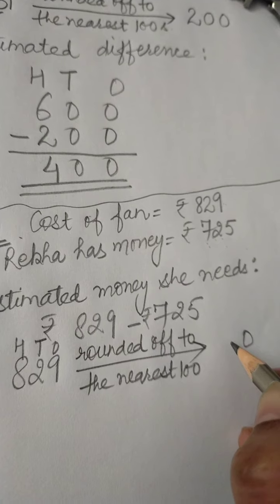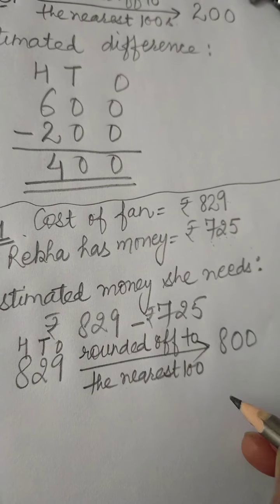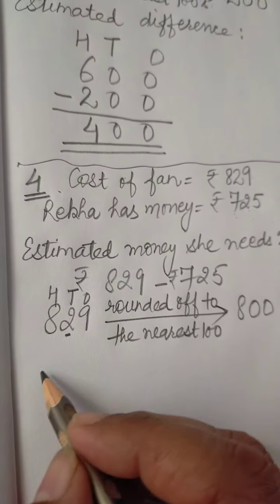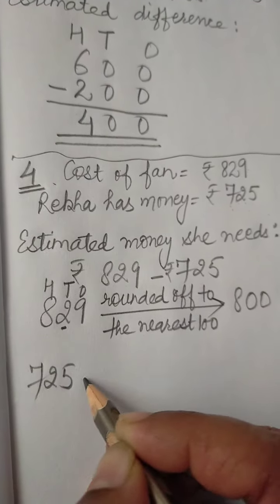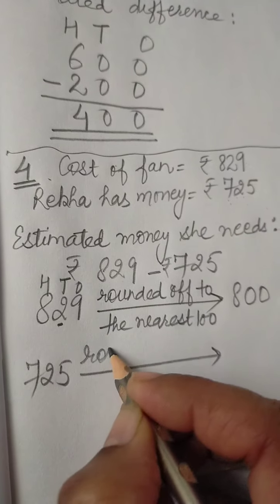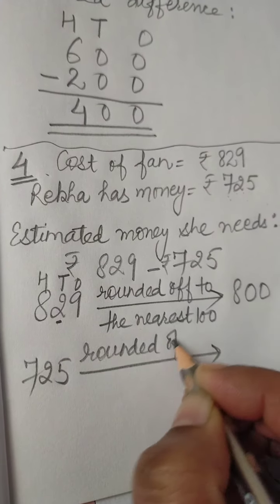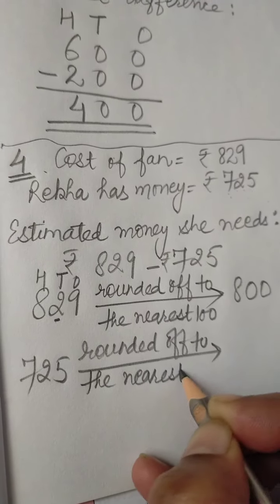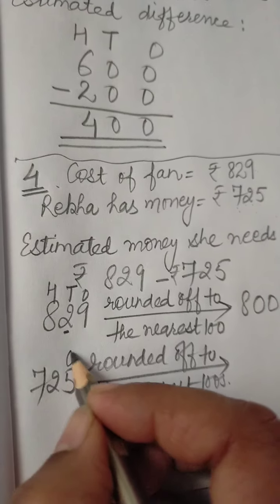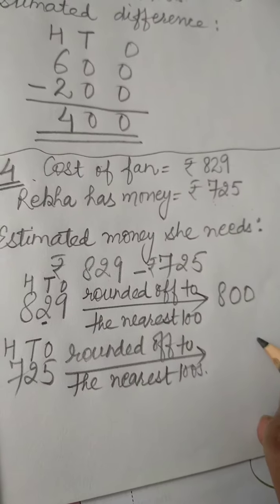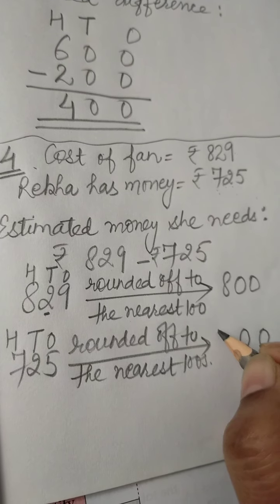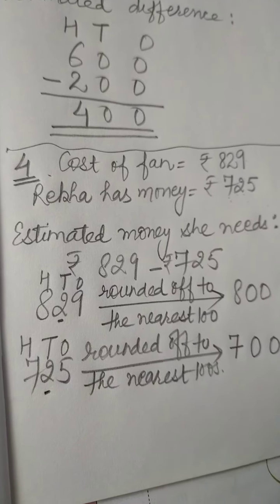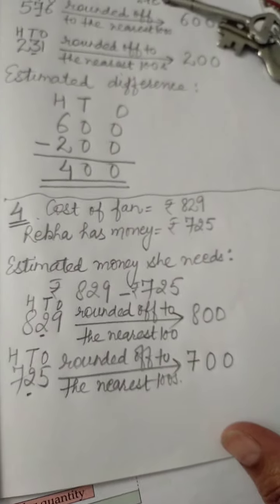Ones place 0, tens place 0, and the hundreds place will be the same because the tens place is less than 5. Now 725 rounded off to the nearest hundreds. Ones, tens, hundreds. Ones place 0, tens place 0, and the hundreds place will remain the same because the tens place is less than 5. So here we will find out how much money she needs.